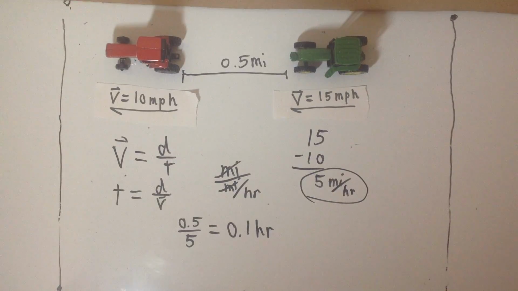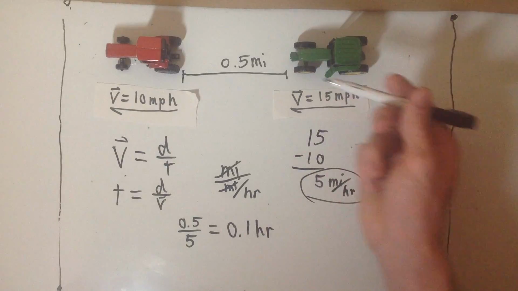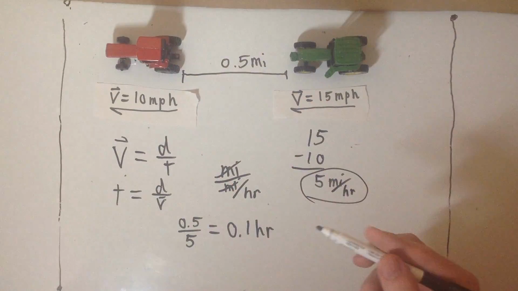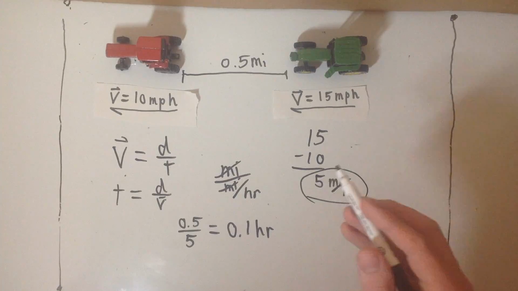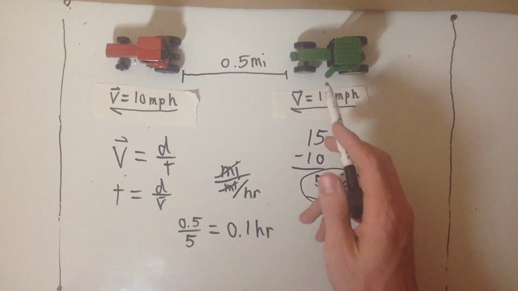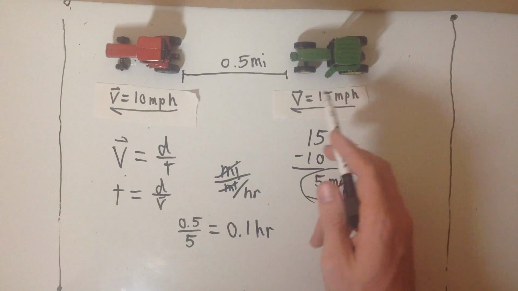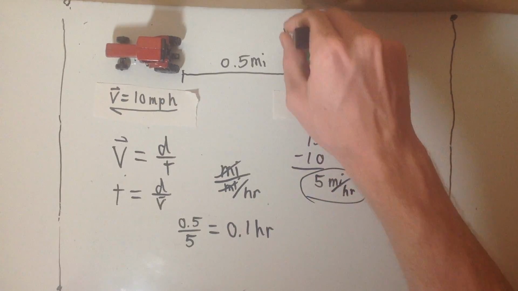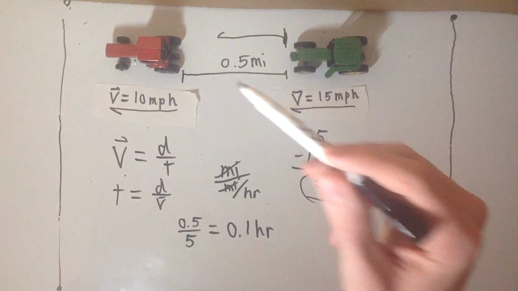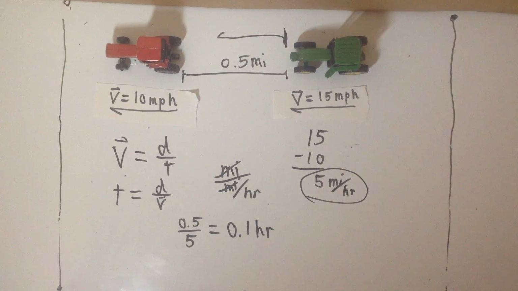But now I want to find out when, in terms of distance, they are going to collide. What distance down the road? We're going to use the green tractor as our starting point and see how far from the green tractor in this direction it's going to be before the collision.